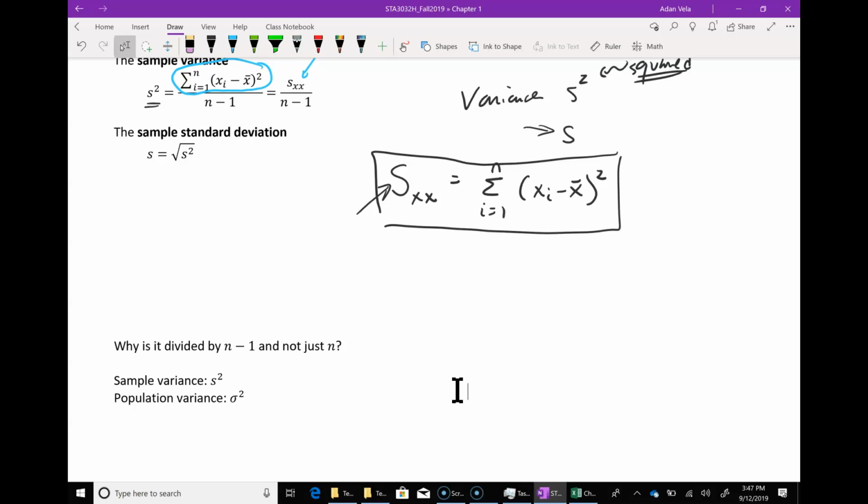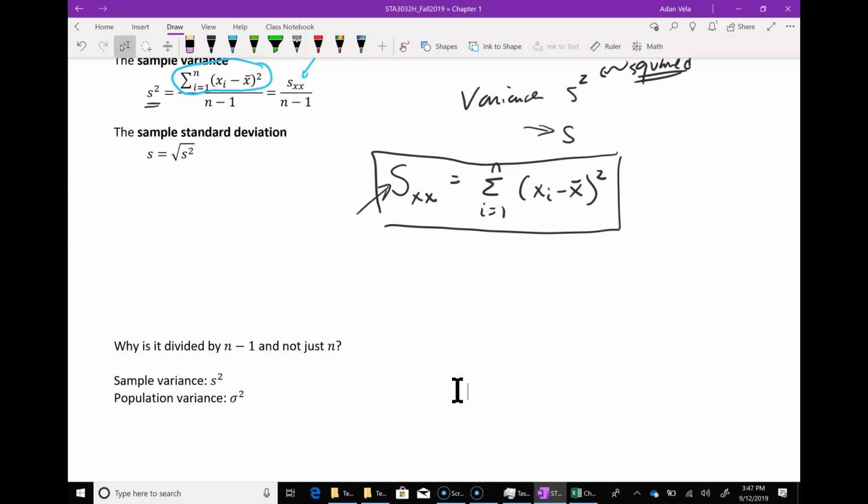So I ask maybe 1,000 students how tall they are, and I get an average sample height of 5'6". That would lead me to believe that the average height of all UCF students is 5'6". So we're using our sampling data to infer something about the population data.